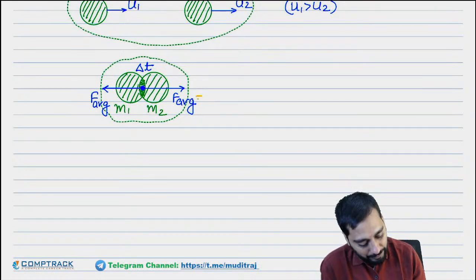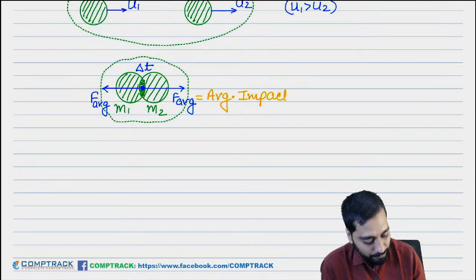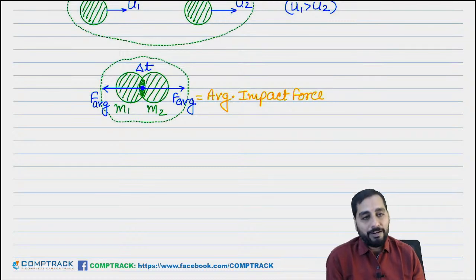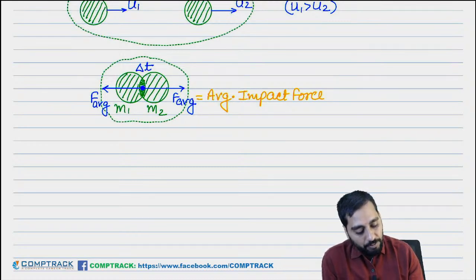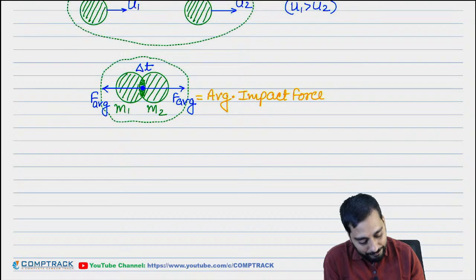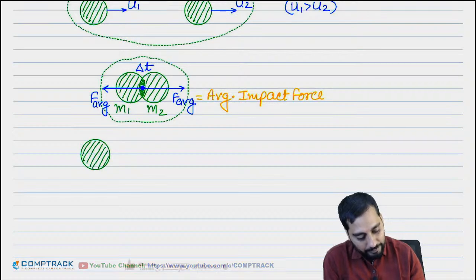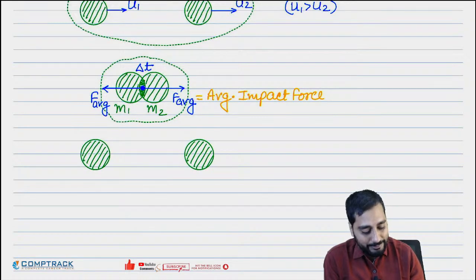So this force will actually be the average impact force. What will its name be? This is called average impact force. Okay. Now finally the bodies will get separated like this, and let's say they start moving with new velocities.